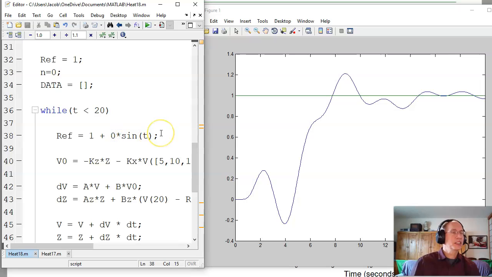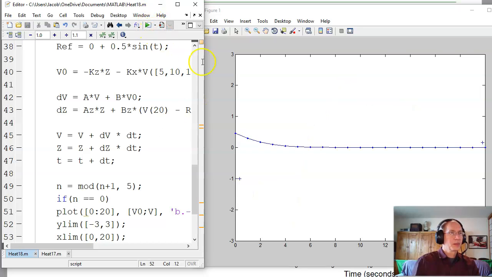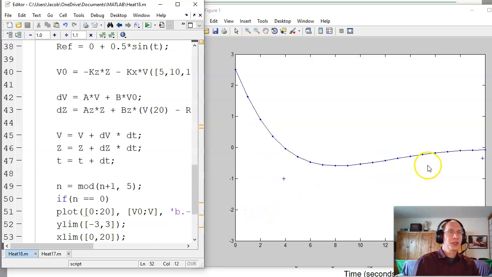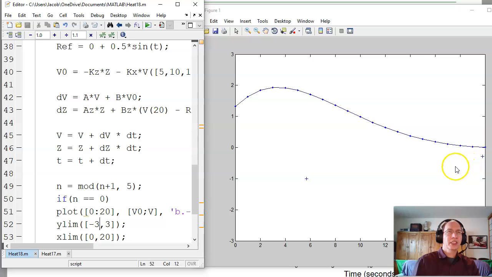If I change it to a sine wave, let's rescale the axis. Now here's my set point. It's a sine wave going up and down. What the left side is trying to do is figure out what sine wave I need to get the output to track.